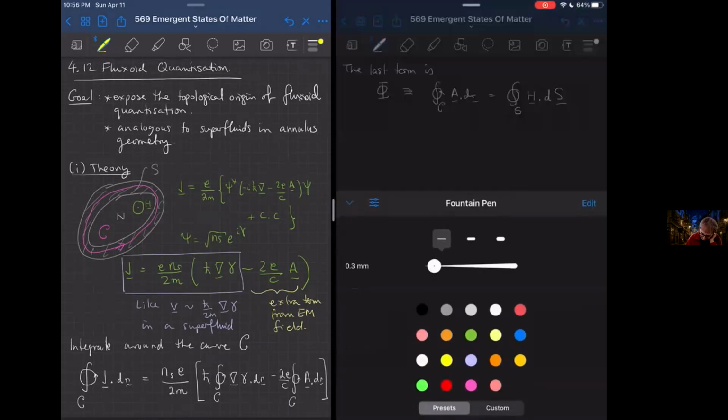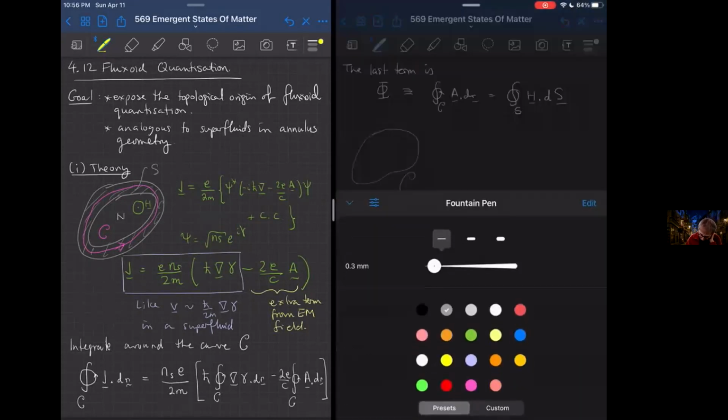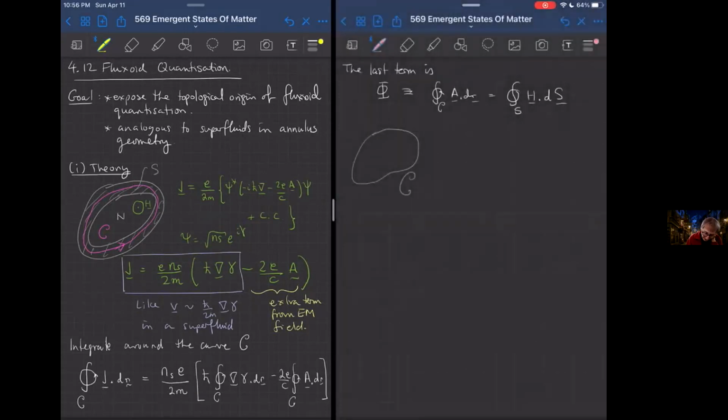So here I have a curve like that. So here is a curve C, and then on top of that curve C, I have some surface like so, which is bound by the curve C, and so this thing here is of course the flux.